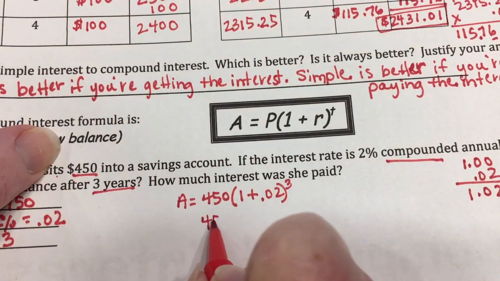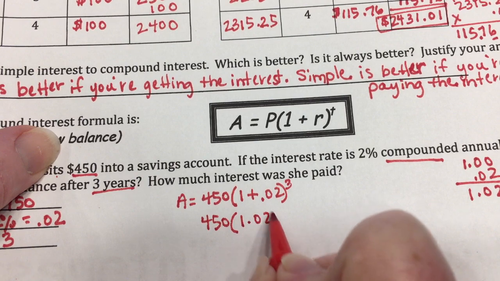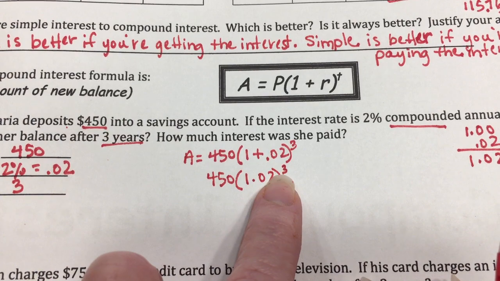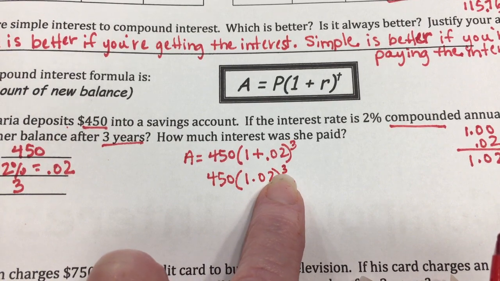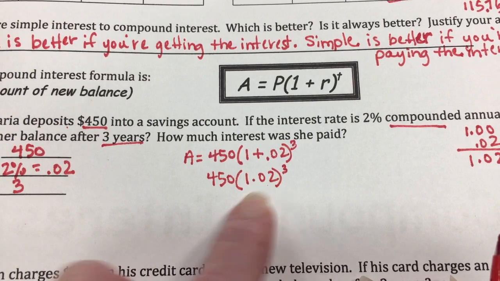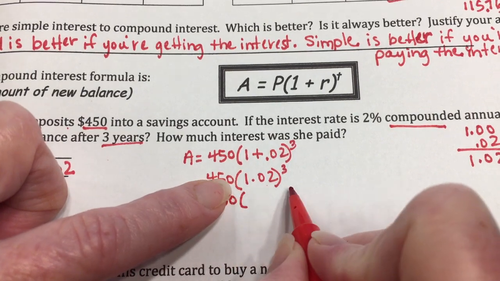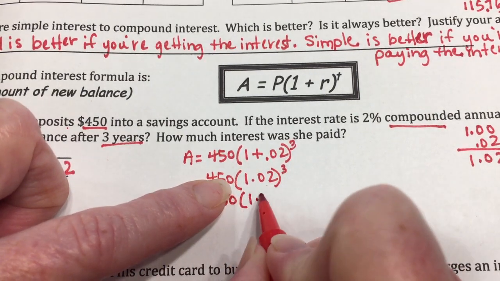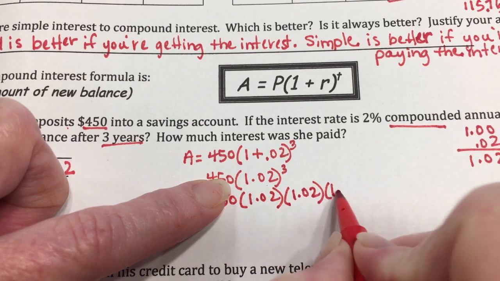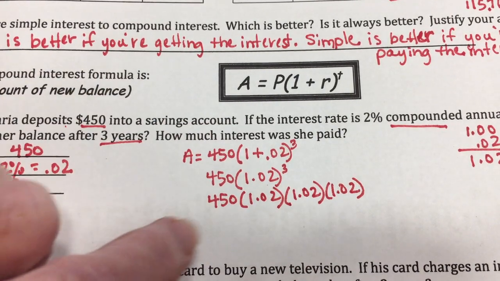So now I have 450, in parentheses I still have 1.02, and then this little 3. If you remember from last year, this is an exponent, and the exponent tells you how many times to multiply the base. So what I need to do is multiply 1.02 times 1.02 times 1.02, because that exponent tells me how many times to multiply that number.